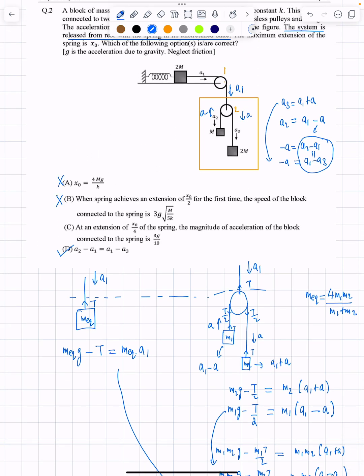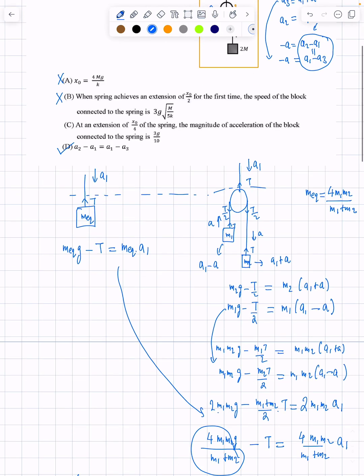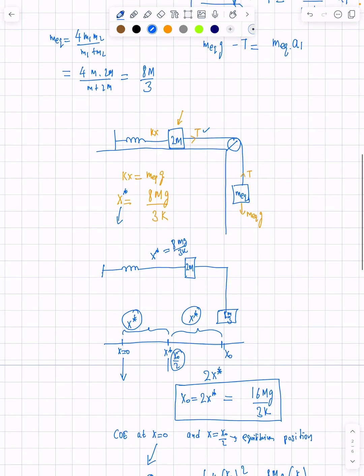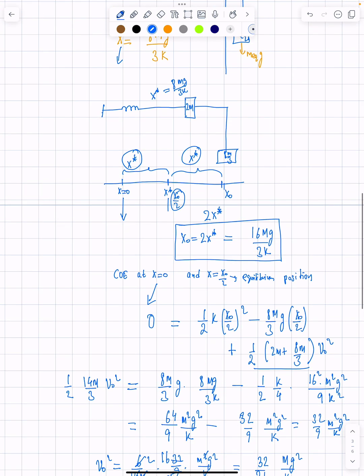Let's see what is C. At an extension of x naught over 4 of the spring, the magnitude of the acceleration of the block connected to the spring is 3g over 10. So that's also easy. So what we can do, the acceleration is a1, and we can write the equation.